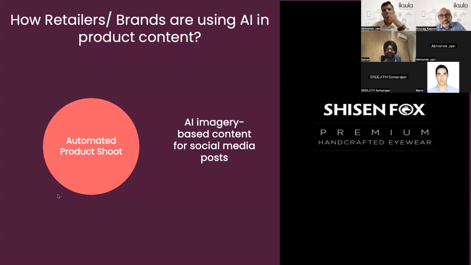We have been able to create imagery on multiple ethnicity models wearing a brand, and as Abhishek said, we have been able to do it at a fraction of the cost. This was unthinkable and unimaginable before, where your product is worn by every potential ethnicity, and you're able to create that video and potentially take it across to the audience.